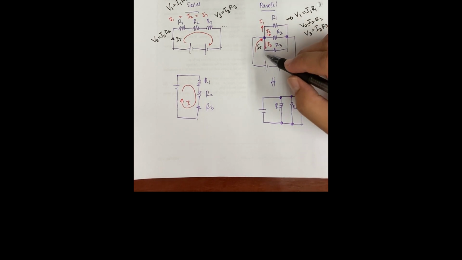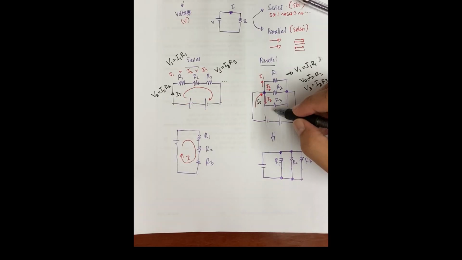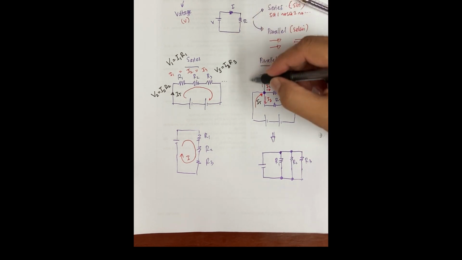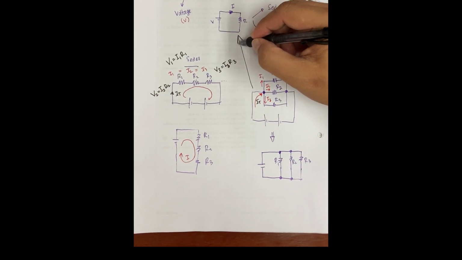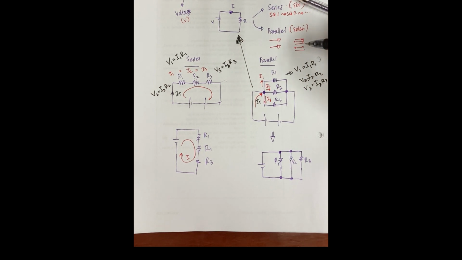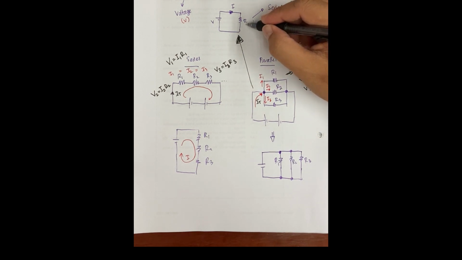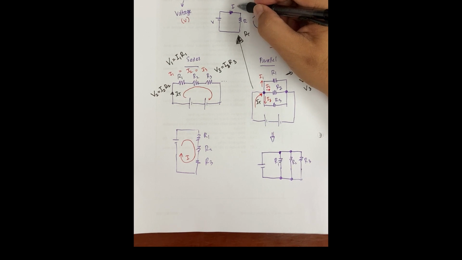For us to get I total, we must change this back to the original form, which is the basic form. When we change this parallel, we convert it into one value, which is R total, so we can get the value for I total.